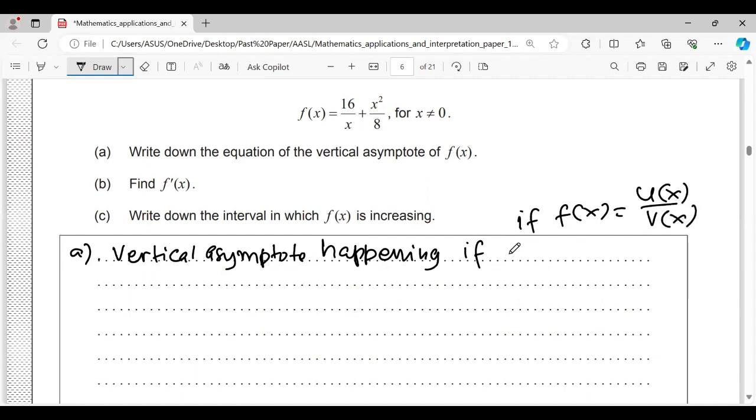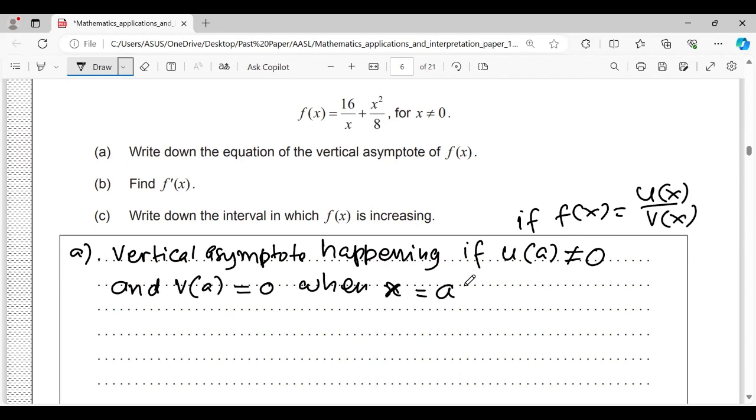It happens if u(a) is not equal to 0 and v(a) equals 0, when x equals a.